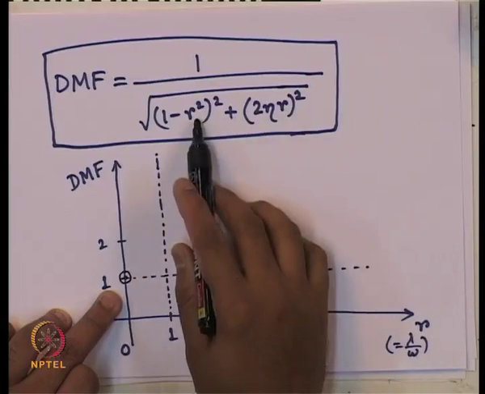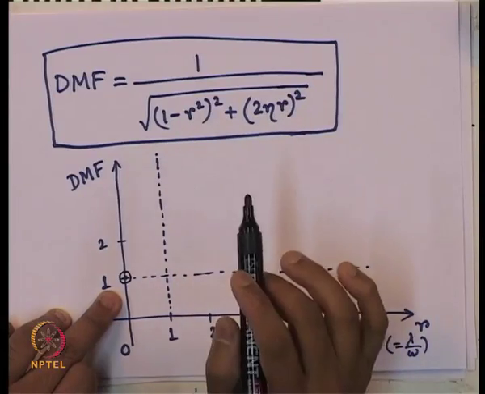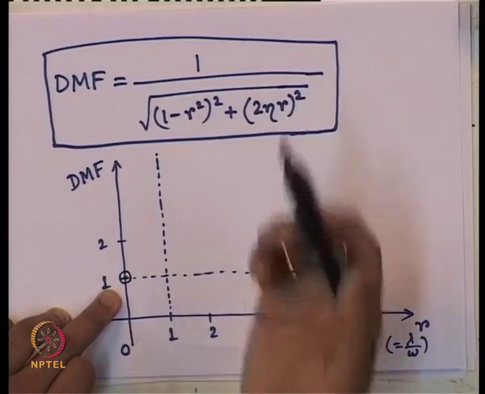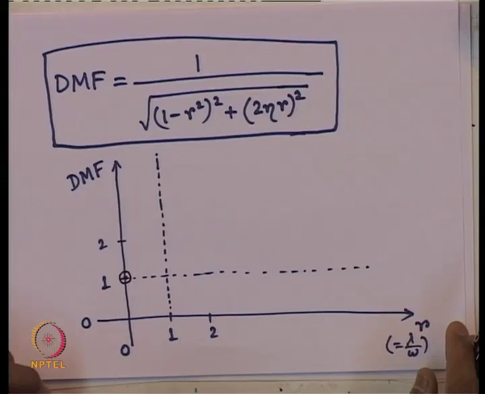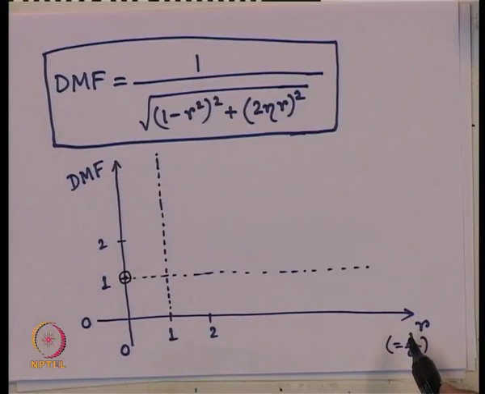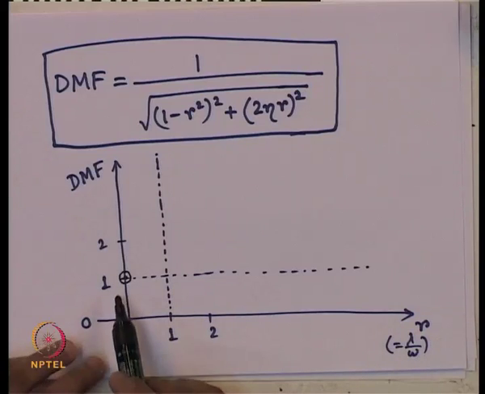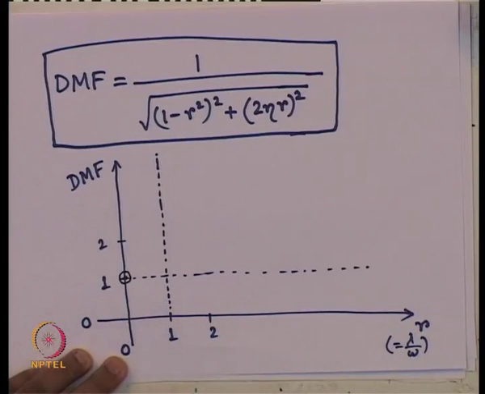If you put r equals 0 here, eta is having some value, but still we have a dynamic magnification factor of 1, which is again justified physically, because without the presence of any forced vibration or applied dynamic load on the system, the displacement should be equal to the steady state displacement, or long term displacement should be equal to the static displacement, nothing more than that. So, that is why it will always start from 1.